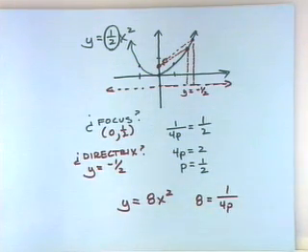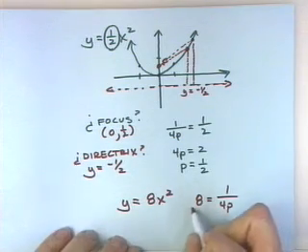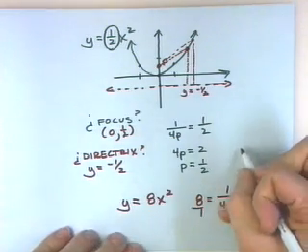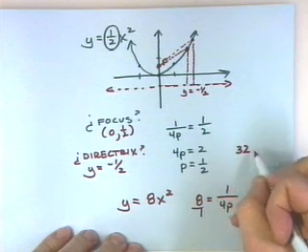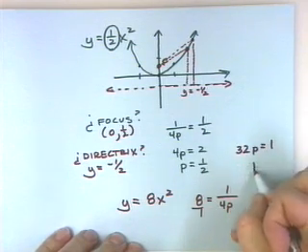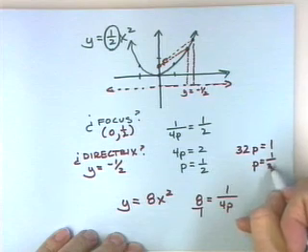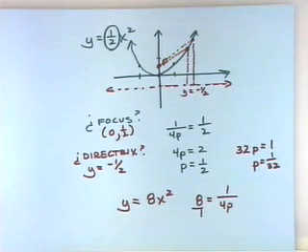The coefficient is a, but we let a represent 1 over 4p. So we'd have 32p equals 1. P is 1 over 32. So the answer is no, it's not always the same number. But whatever the coefficient is, it's always 1 over 4p.